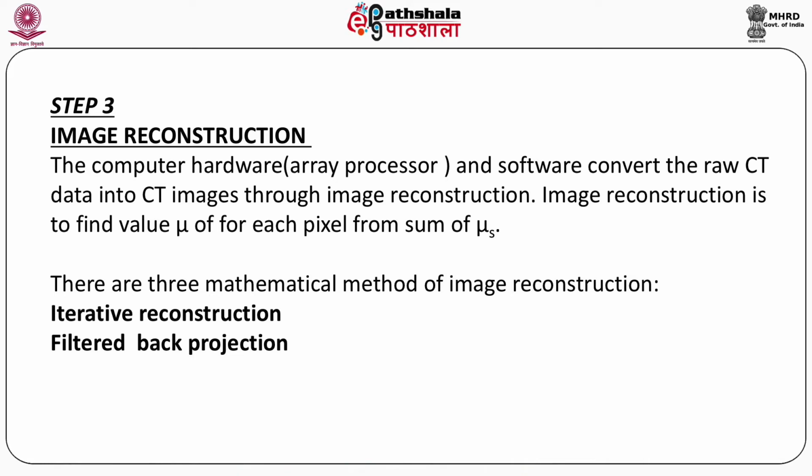There are methods of image reconstruction. One is iterative, another is simple back projection, and the analytic methods are filtered back projection and Fourier reconstruction. Usually filtered back projection is very common in CT reconstruction techniques.